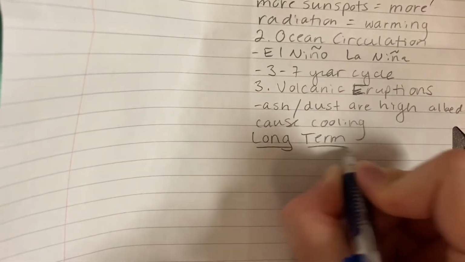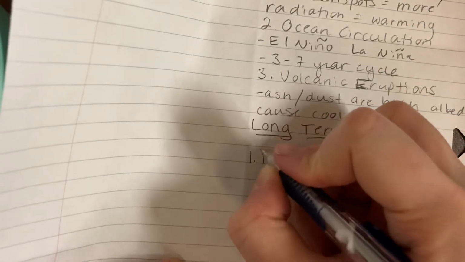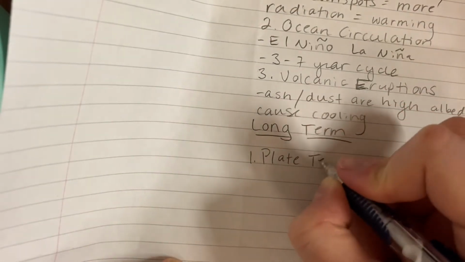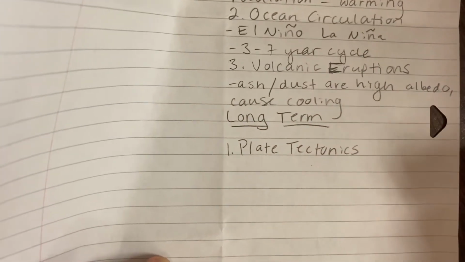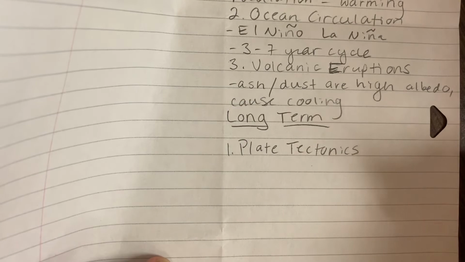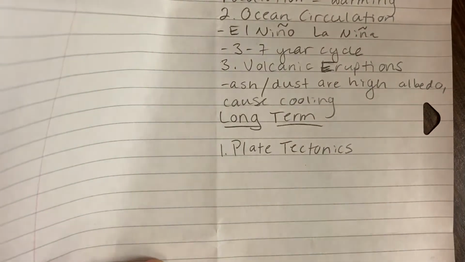More long-term natural causes of climate change. First is plate tectonics. So plate tectonics means the plates of the lithosphere that are moving around, floating on the top of the mantle.